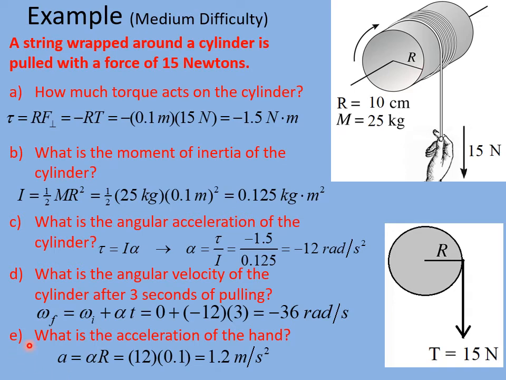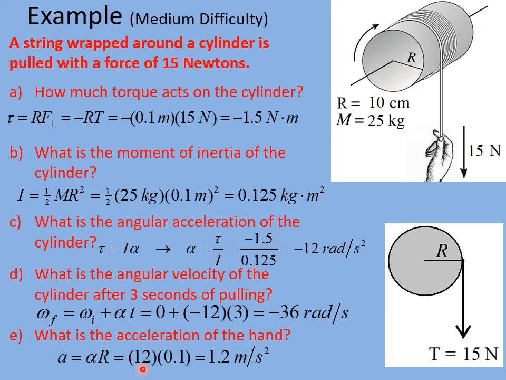The final question here, what is the acceleration of the hand? You're pulling here with 15 newtons of force. How fast does your hand accelerate downward as you pull with that force? Remember from the previous slide, the linear acceleration A is equal to the angular acceleration alpha times the radius.